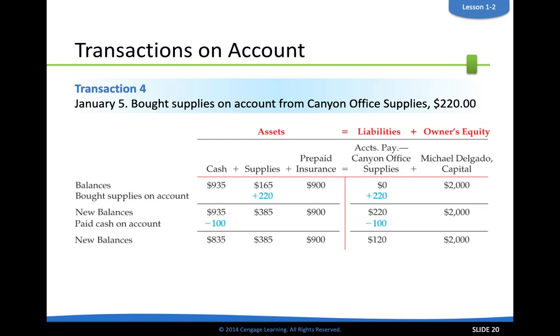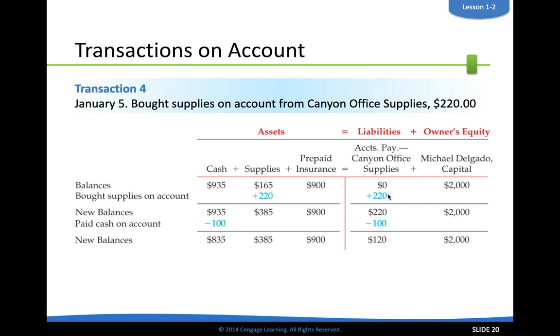They will owe it to Canyon Office Supplies, but they do not have to pay for it all right away. So in transaction number 4, supplies go up by $220 because they buy office supplies from Canyon Office Supplies.